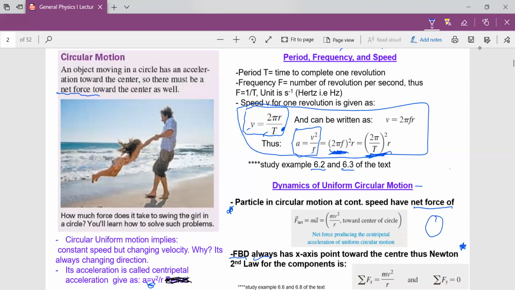So if you have a circle, at this point the acceleration is going to be pointing this way, and it appears like this is the direction of the y-axis, right? But whenever you want to draw the free body diagram for objects in circular motion, because it's always changing, you have to define the part that is going towards the center as the x-axis.